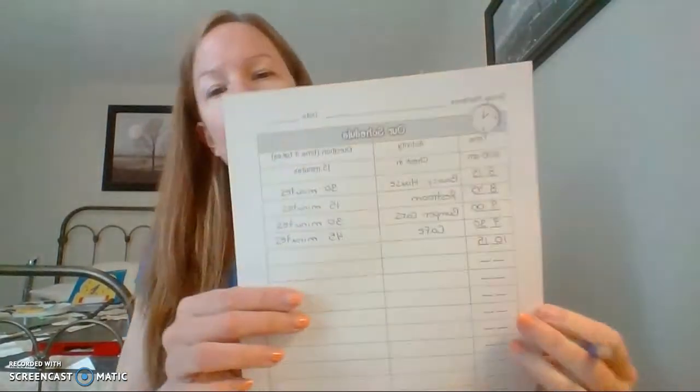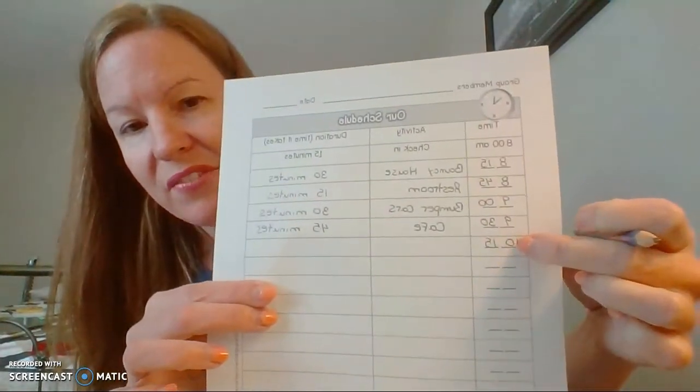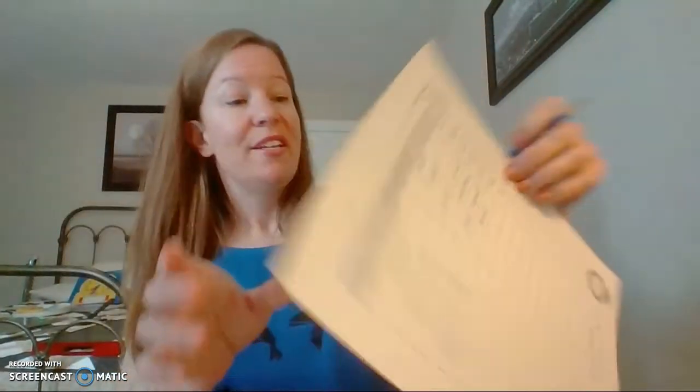So 9:30, and if I add 45 minutes, my last time to eat, I'm done eating at 10:15. So I'm going to write that down here, 10:15. So that's going to be your activity to do.